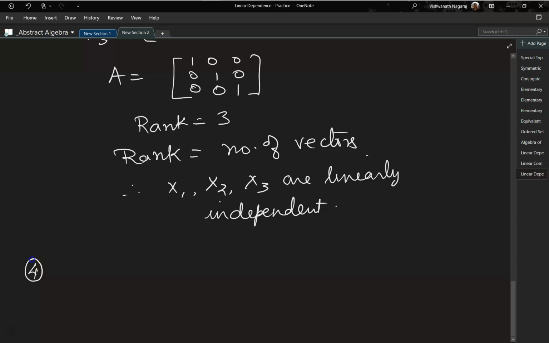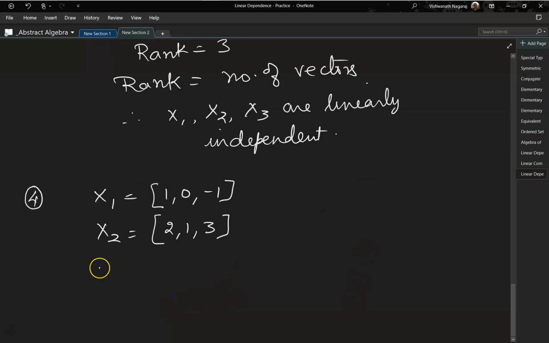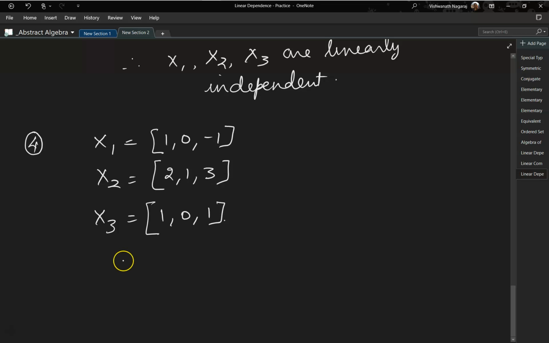Fourth one, let's say x1 is equal to 1 0 minus 1, x2 is 2 1 3, and x3 is equal to 1 0 1. We have to figure out whether they are independent or dependent. So again, let's write it in the matrix form: 1 0 minus 1, 2 1 3, 1 0 1.